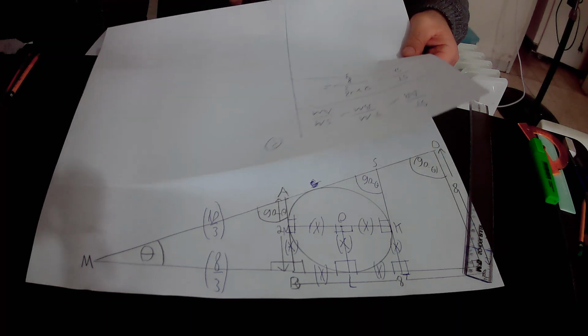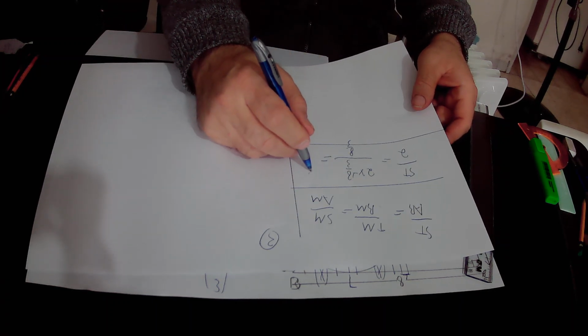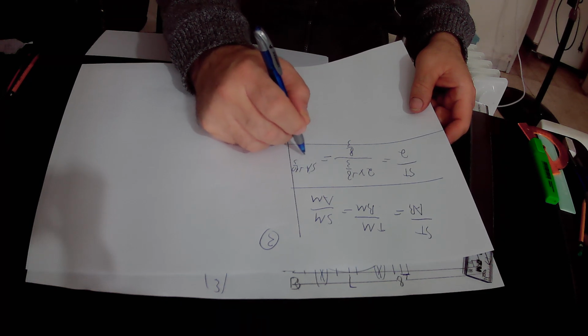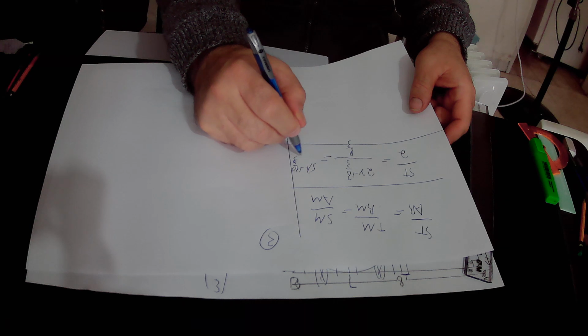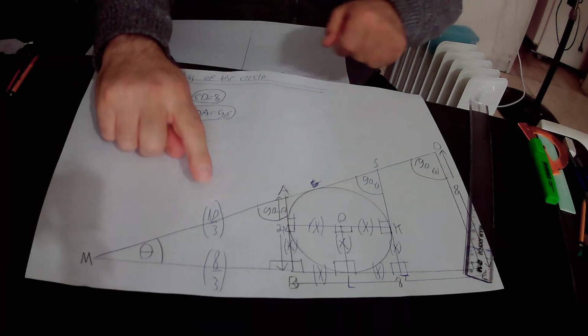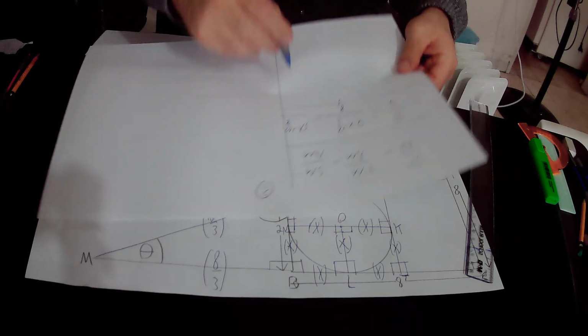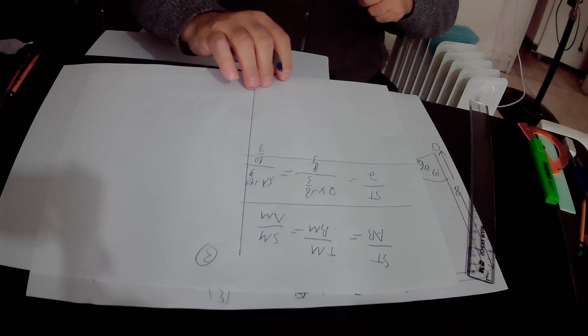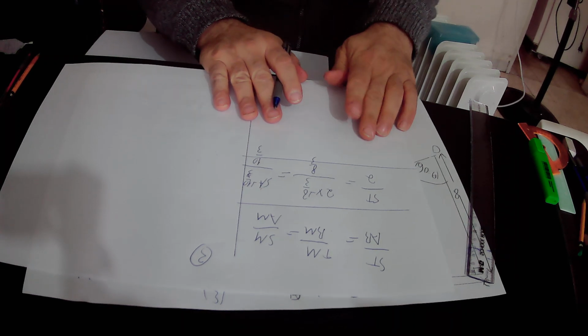So we substitute SM by SA plus 10 over 3, and we have to divide it by AM. AM equals 10 over 3. So we can get this long equation.